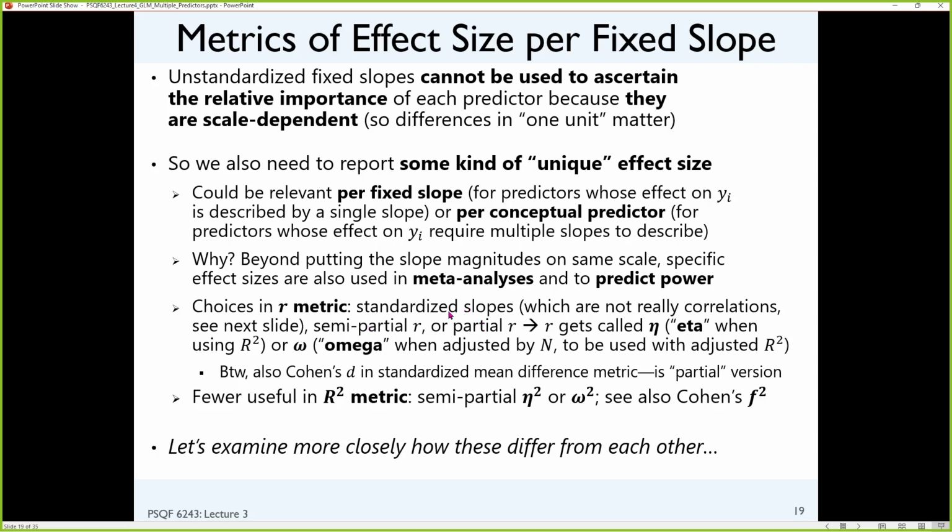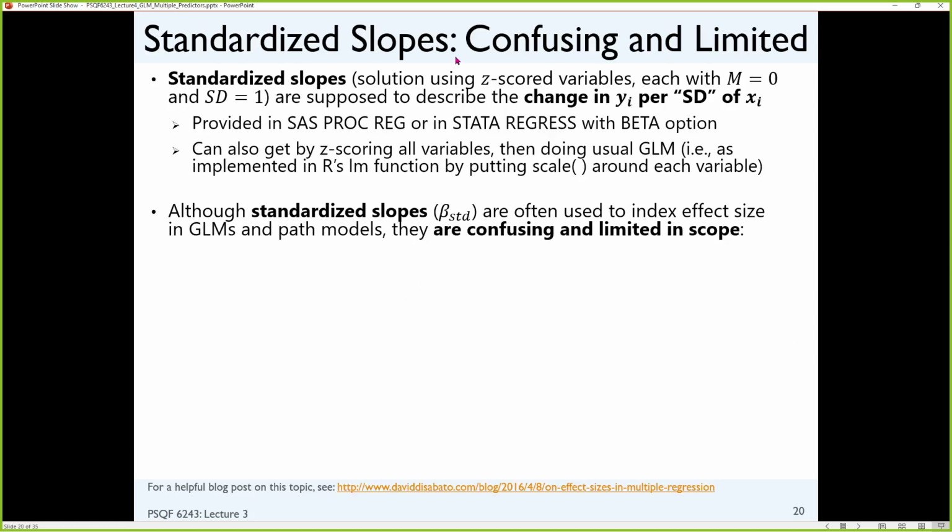So here's how these things differ from each other. So first, standardized slopes, because this is still probably the most common thing that you will see, and I want you to know why they are not actually as useful as you might think. So we did this to start with. In homework 2, for instance, I asked you to compute a standardized slope, and if you only have one predictor in the model, the standardized slope for that predictor is the same thing as the Pearson correlation between that one predictor and the outcome.